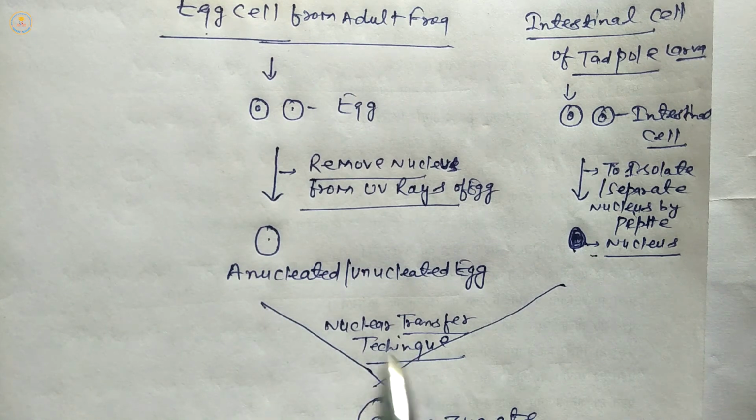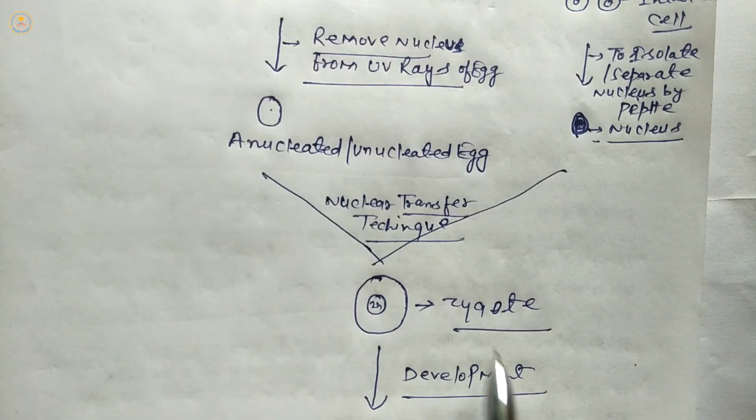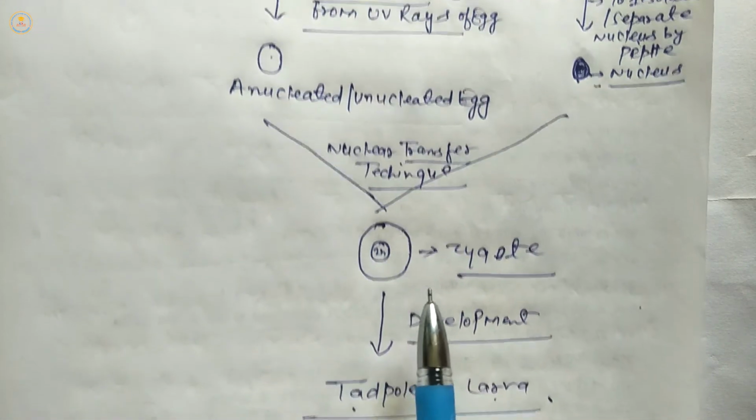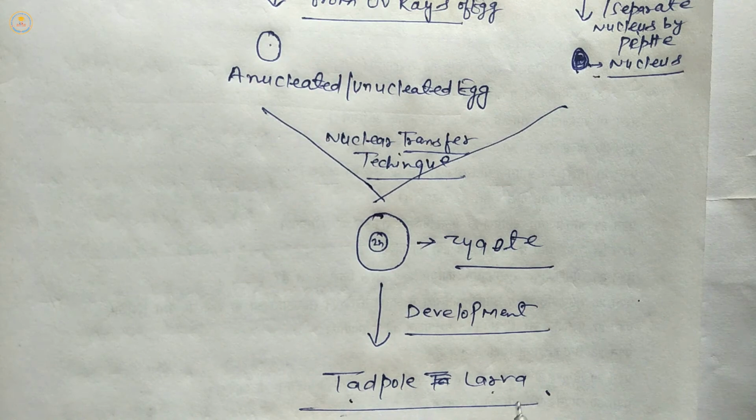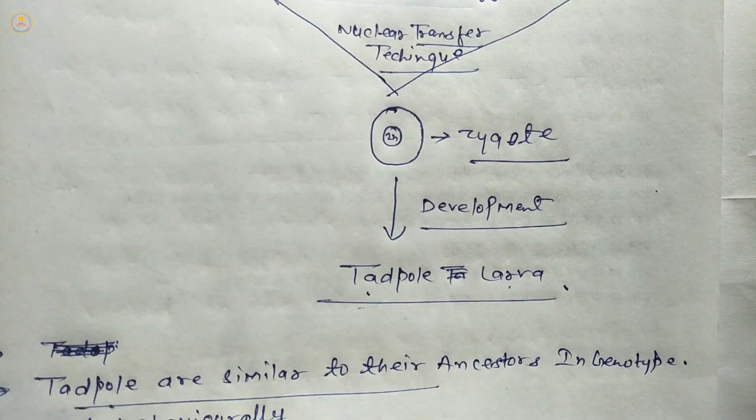This technique is called nuclear transfer technique and forms a zygote. Next, development of zygote forms tadpole larva. Tadpole larva are similar to their ancestor in genotype and in behavior. So the tadpole is a clone of the parent cell.